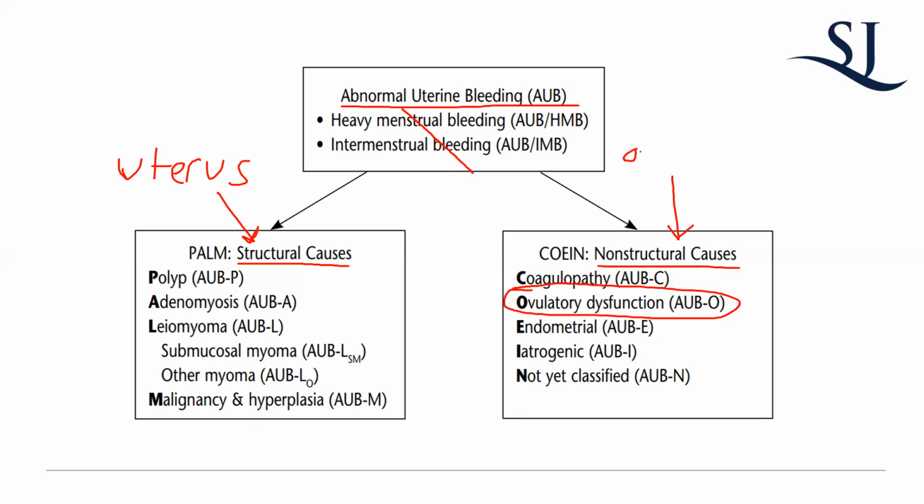So as such, problems with the ovary itself, or systems which affect ovarian function, which is really your endocrine system, your hypothalamic-pituitary-ovarian axis, or your HPO axis, okay? That's what it's referring to.